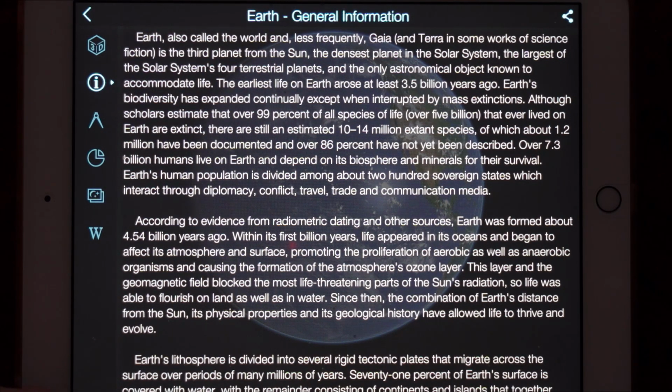Earth's biodiversity has expanded continually except when interrupted by mass extinctions, although scholars estimate that over 99% of all species of life, over 5 billion, that ever lived on Earth are extinct. There are still an estimated 10 to 14 million extant species.